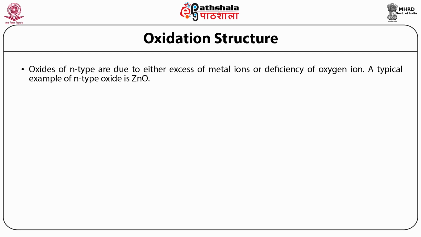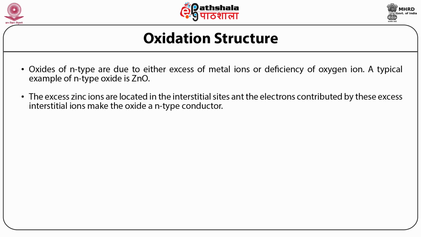The typical example is zinc oxide, where the excess zinc ions are located in the interstitial sites and the electrons contributed by the excess interstitial ions make the oxide an N-type conductor.